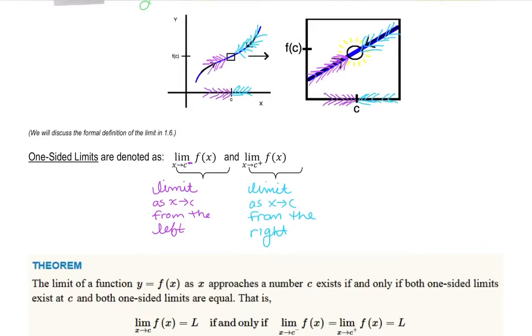And so here's what we're really saying, put into a theorem taken right from your book. The limit of a function as x approaches C exists if and only if both sides of that limit are equal, and they have to be coming into the same value.